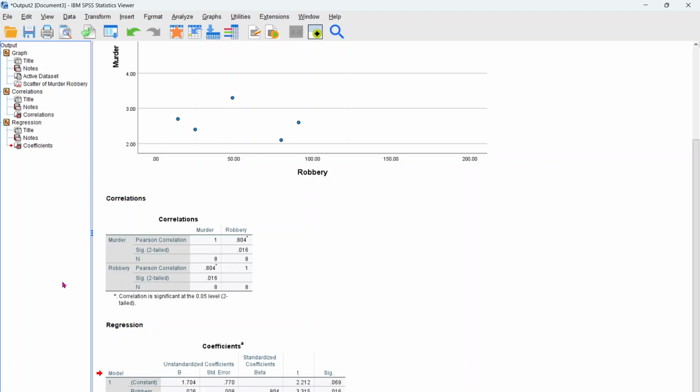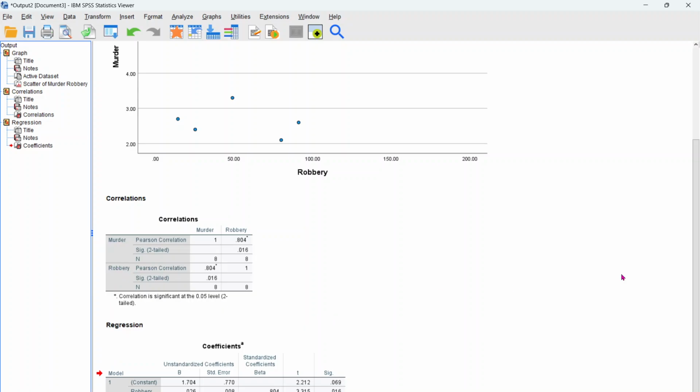So this is going to be murders is equal to 1.7 plus 0.026 times robbery. Your slope is 0.026, your intercept is 1.7, and you're predicting murders.